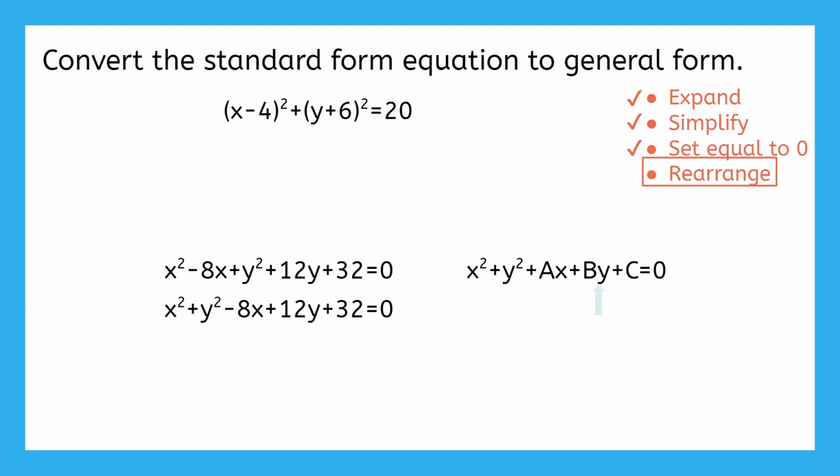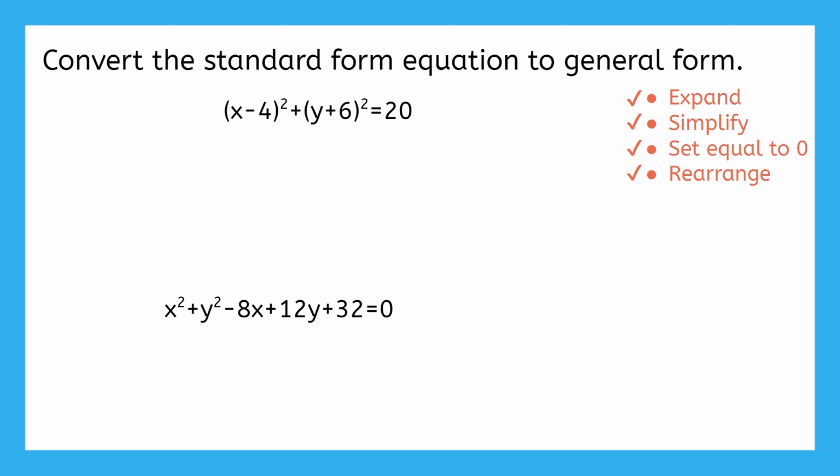Next, the y term should come fourth. Yup, we have 12y here. And lastly, the constant term should be at the end of this part of the expression. And yes, we have 32 here. We have successfully rearranged our terms, so this is our final answer for the general form equation of this circle.